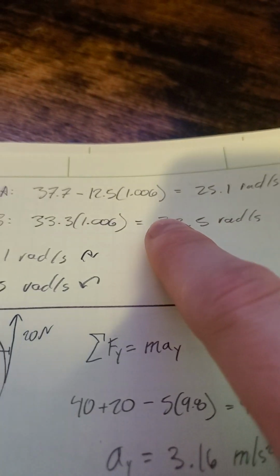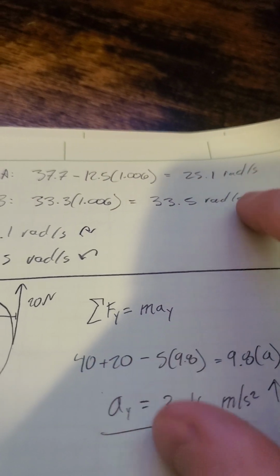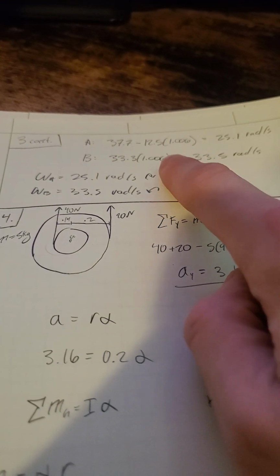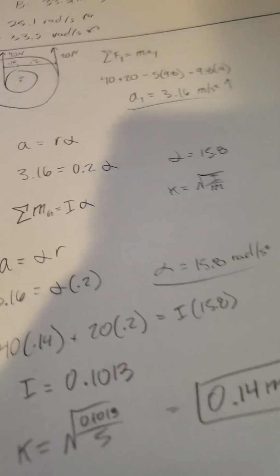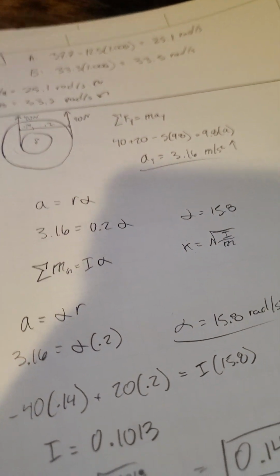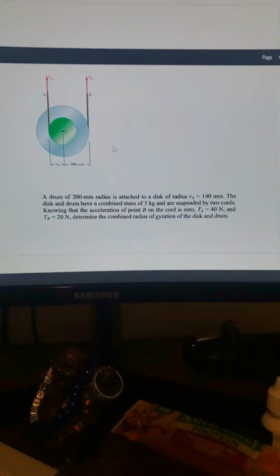And then from there, you can just use regular kinematic equations to solve for the final angular velocity for both of them. I explained that in the previous section. So, all right, and then for 4, this is the drums.